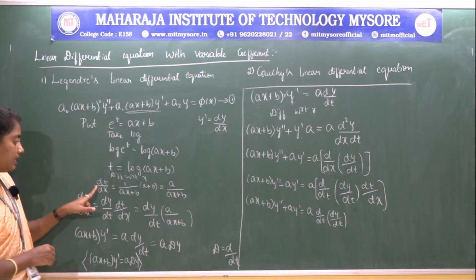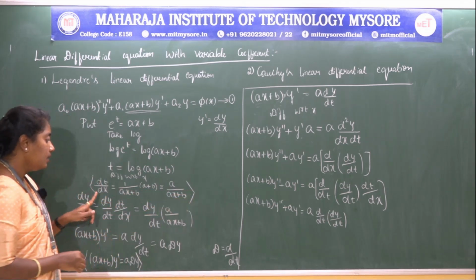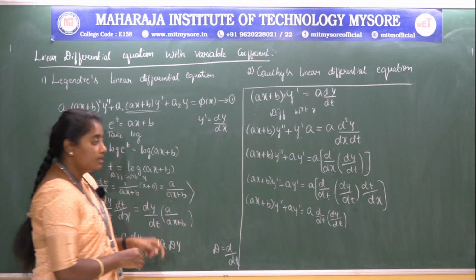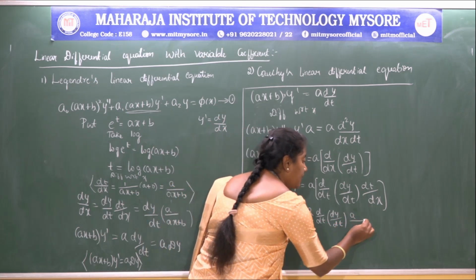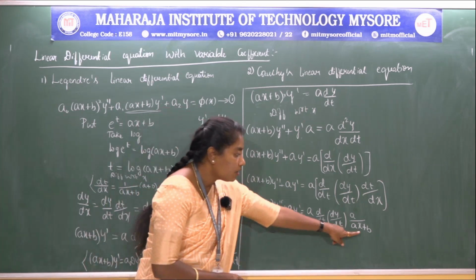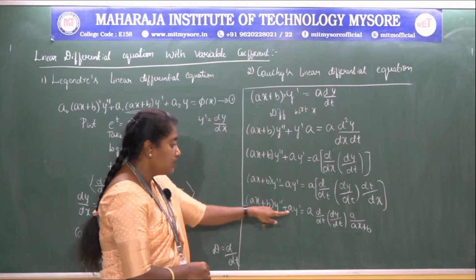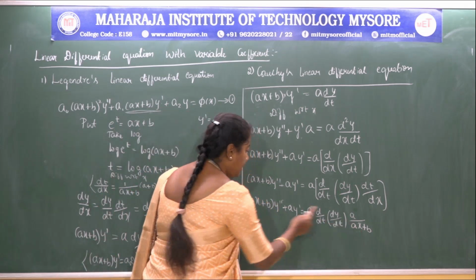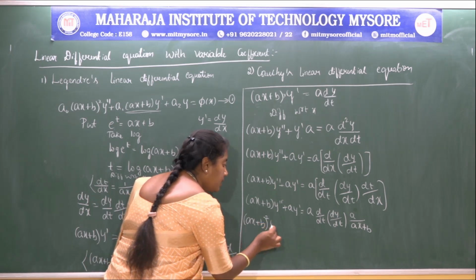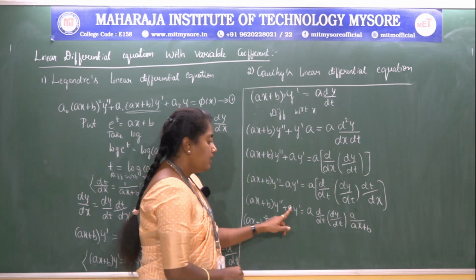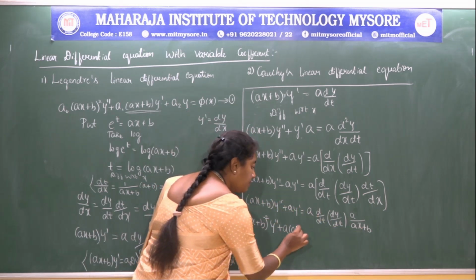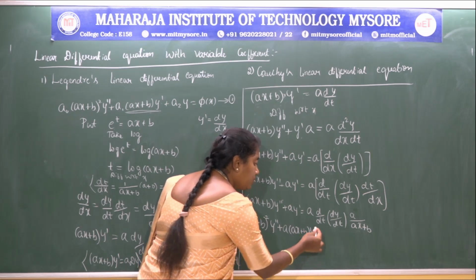But the value of dt by dx is a divided by (ax plus b). On simplifying this, cross multiply the value of (ax plus b) to the LHS. (ax plus b) into (ax plus b) gives (ax plus b) whole square into y double dash plus a into, again cross multiplying for the second term, a into (ax plus b) into y dash.